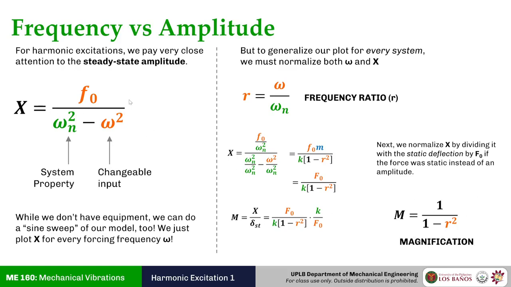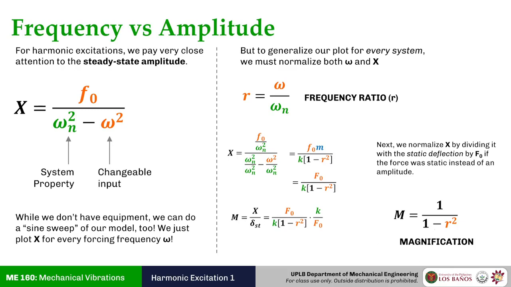So the difference between x and m is that m is the normalized version of x, with its function being in terms of the frequency ratio r. The neat thing about having things normalized is that you can compare systems with different properties from one another.